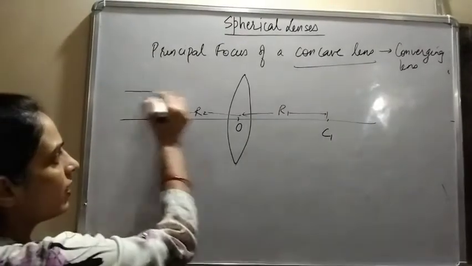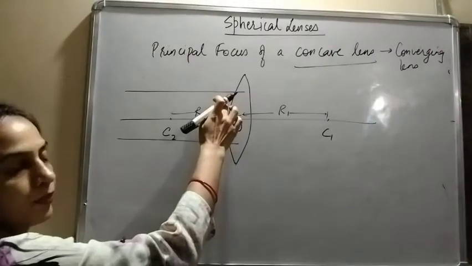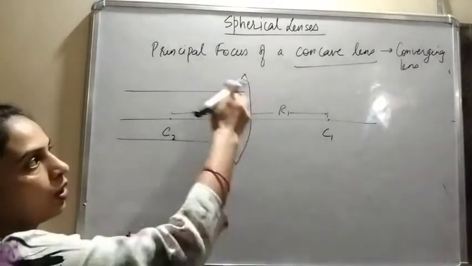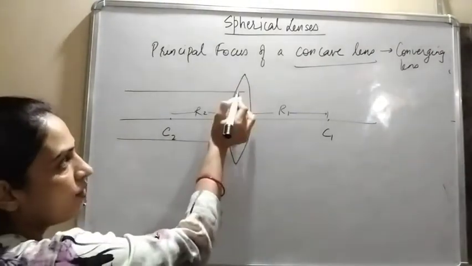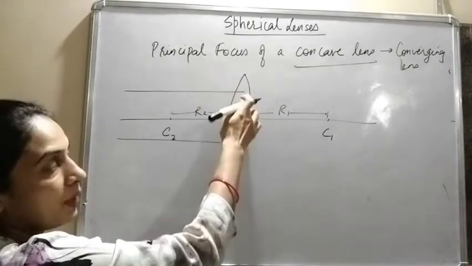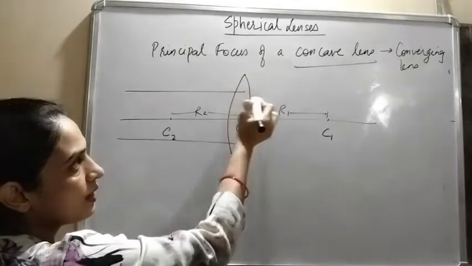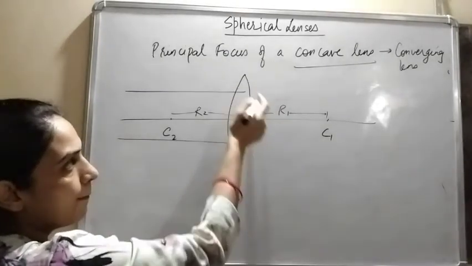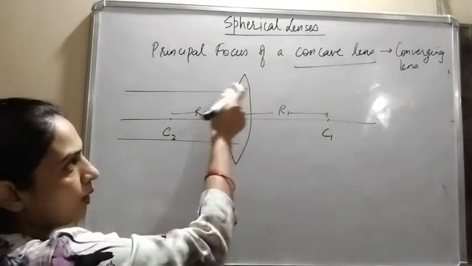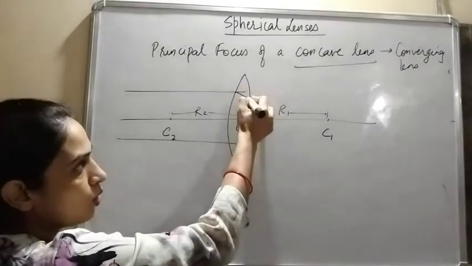Now when parallel light rays fall on the lens, they get refracted once here. This is air and this is glass, so the medium changes and refraction takes place. The light bends towards the normal, rarer to denser.